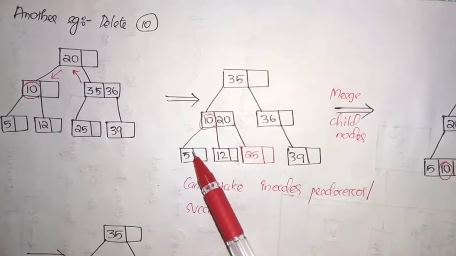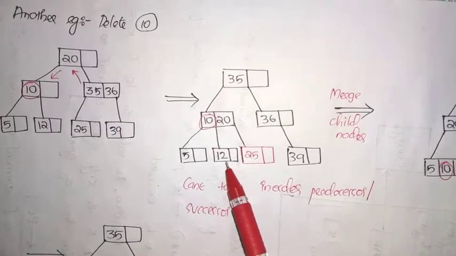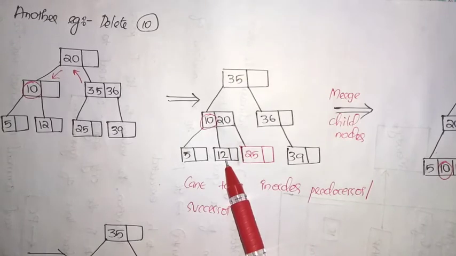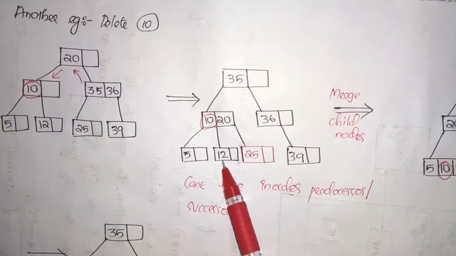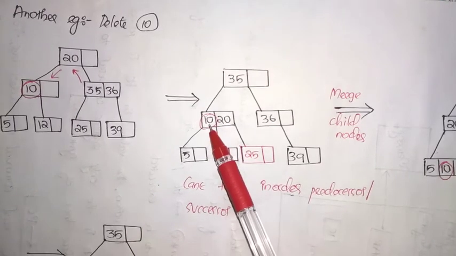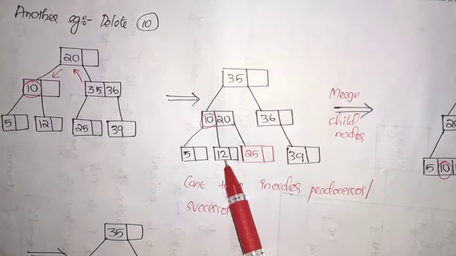Can I take the in-order predecessor? No. Why? Because only one element is there. Can I replace it with the in-order successor? No. Only one element is there. So the only option that is available is I have to merge this 10 with its child elements 5 and 12.